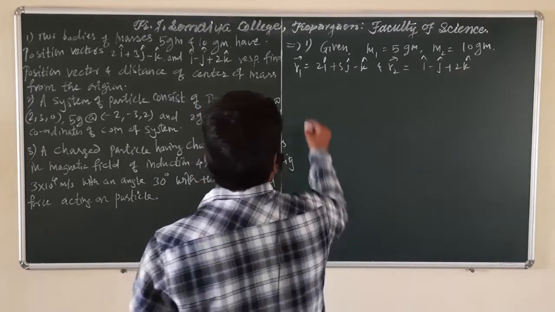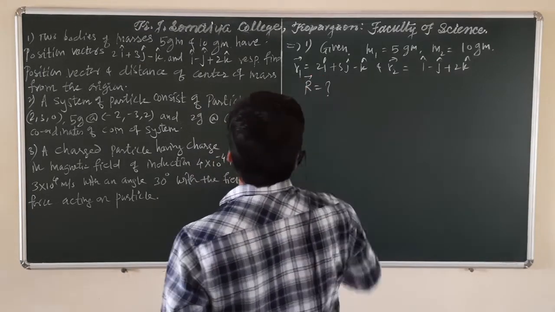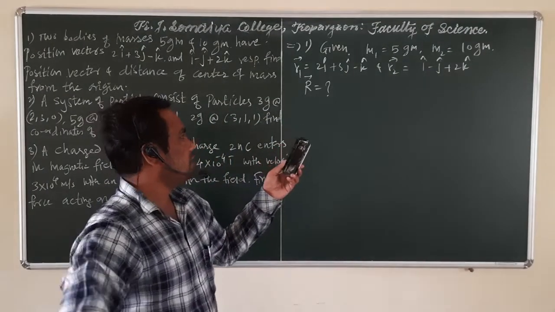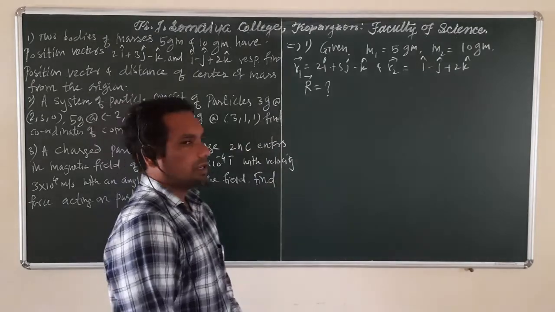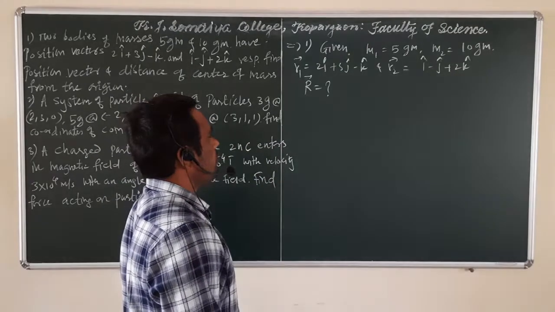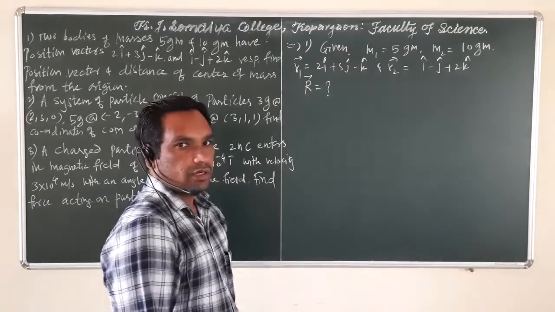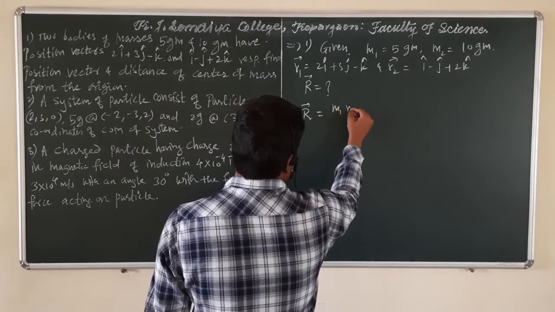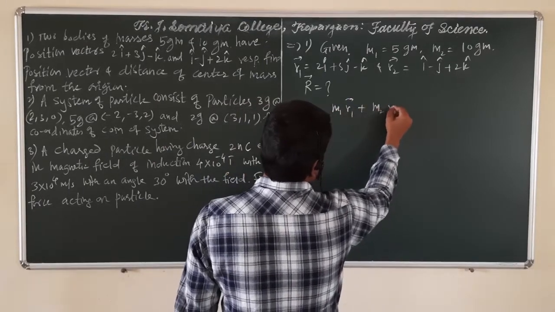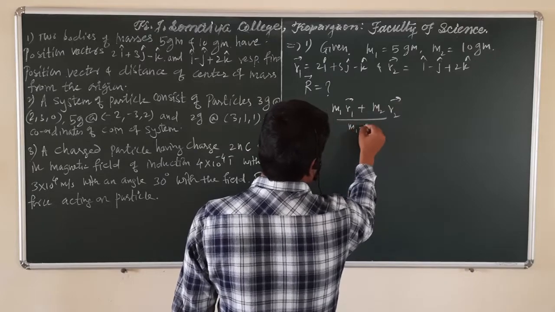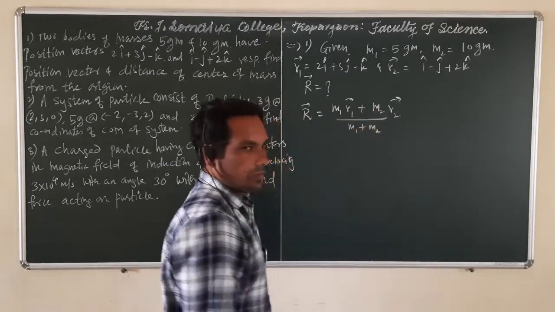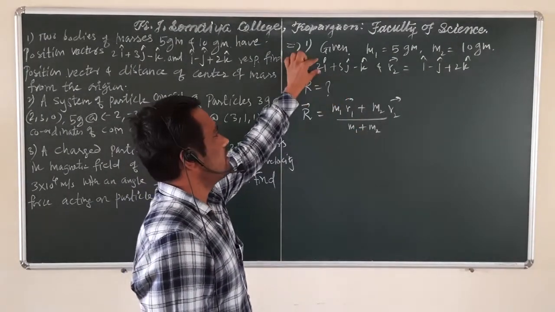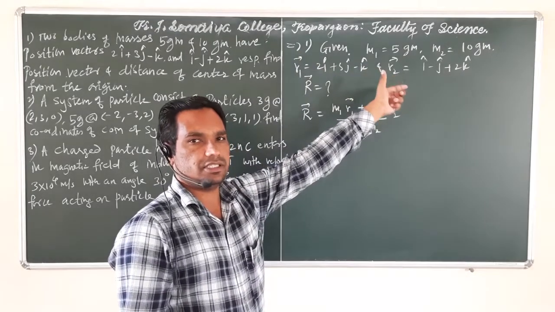Okay, and we have to find out the position of center of mass, which is vector r. We denote center of mass by the notation capital R. Okay, so here we know the formula for center of mass: vector R is (m1 r1 + m2 r2) divided by (m1 + m2). Here we assume that vectors r1 and r2 are given in the CGS system.